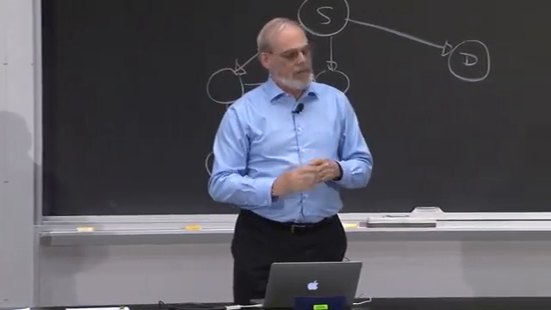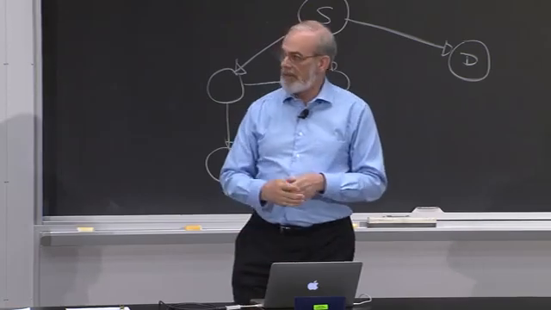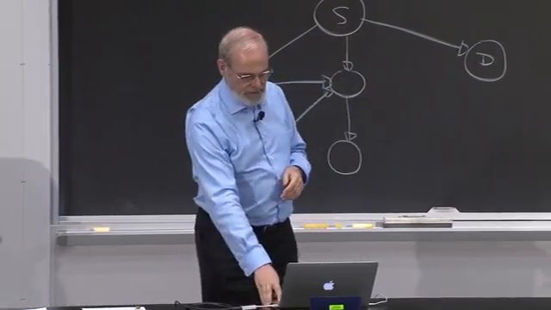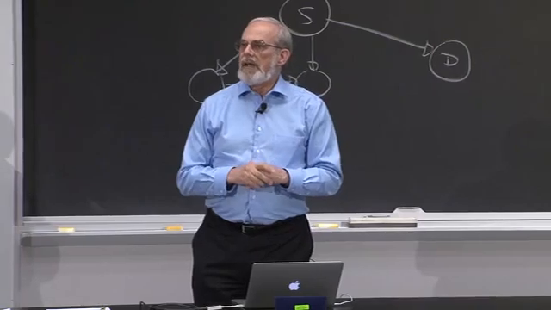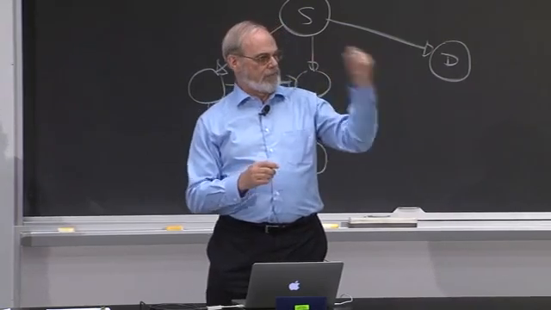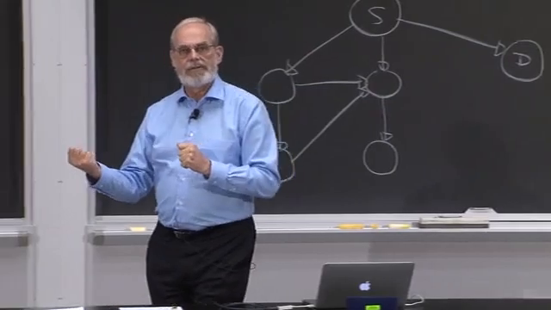In some cases, we're going to see that we actually want to use what we call a directed graph, sometimes called a digraph, in which case the edge has a direction from a source to a destination, or sometimes from a parent to a child. And in this case, the information can only flow from the source to the child.